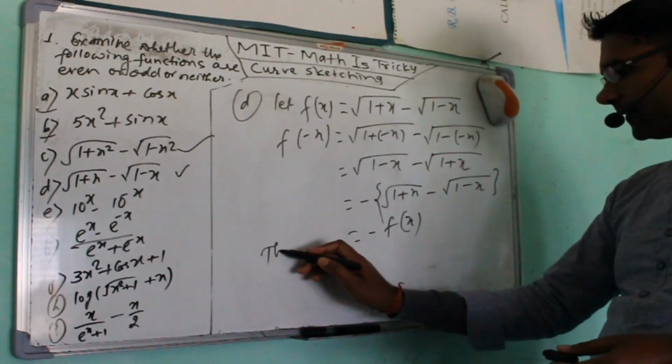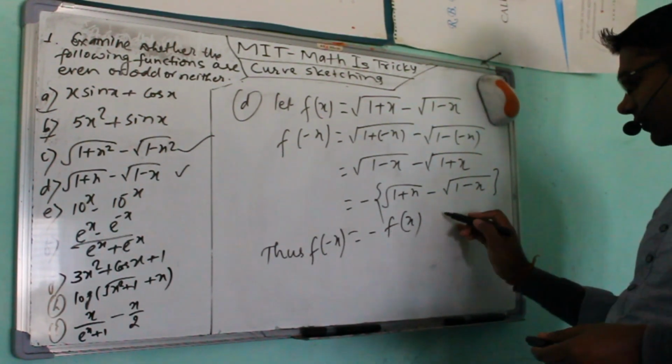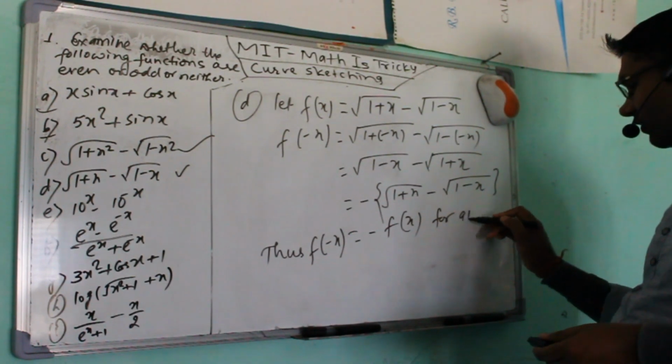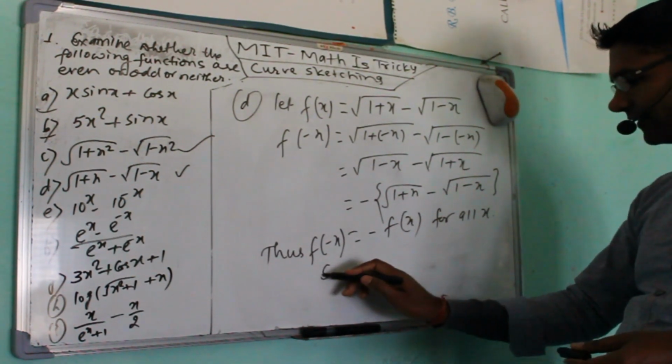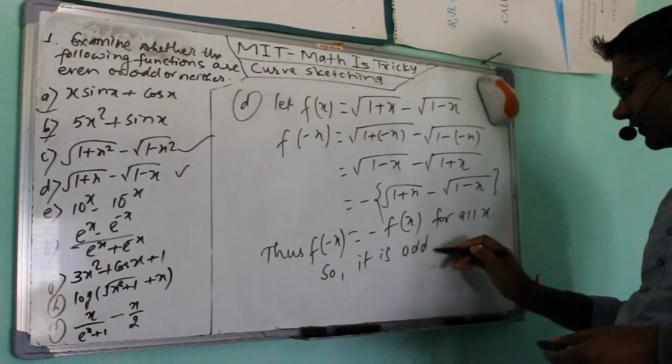We can say here f of minus x is equal to minus f of x for all x, so it is an odd function.